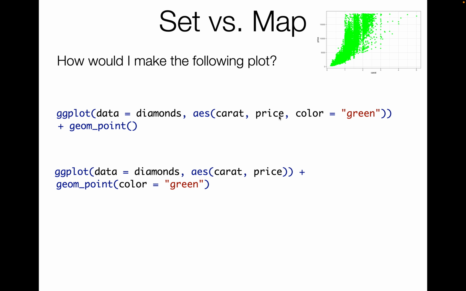So do I choose this, where color equals green inside the aesthetics, or do I choose this, right down here, carat, price? Also notice I didn't say x equals carat, y equals price. x and y are the first two options inside the aes function. Okay. And I put it down in the geom call. I'll talk more about that in class.